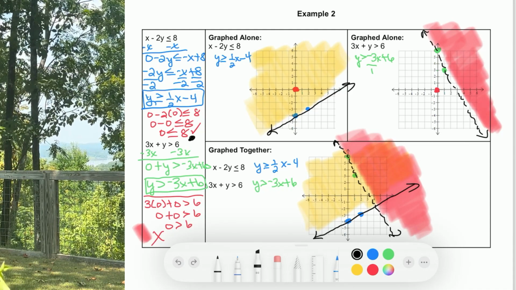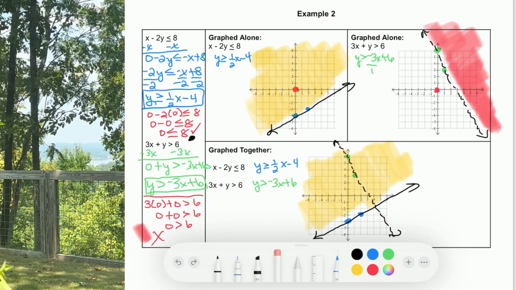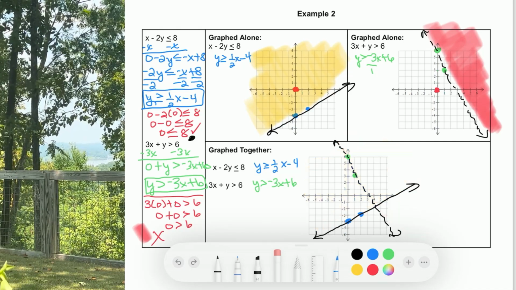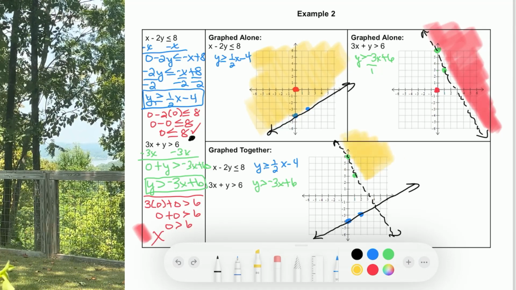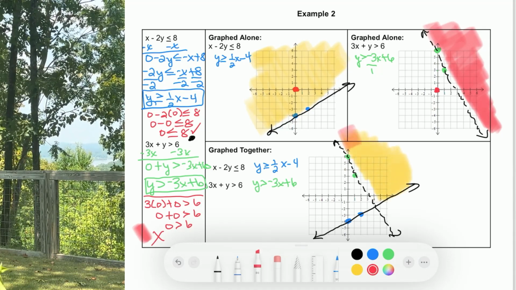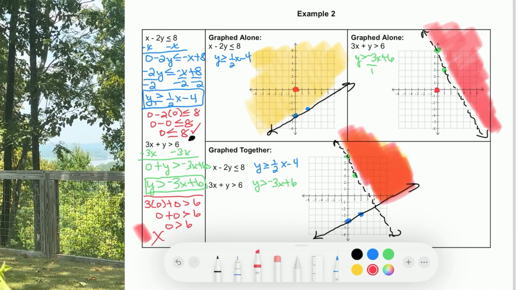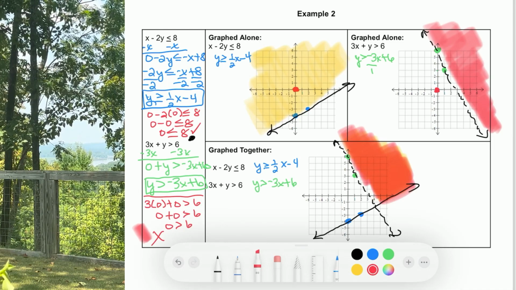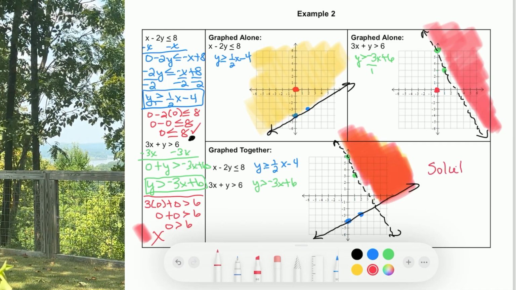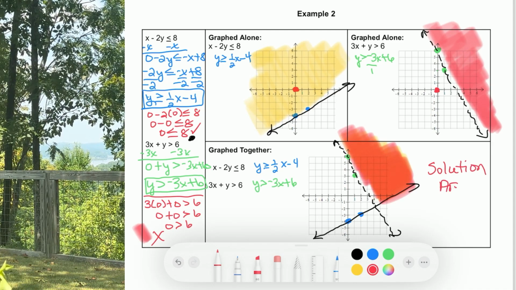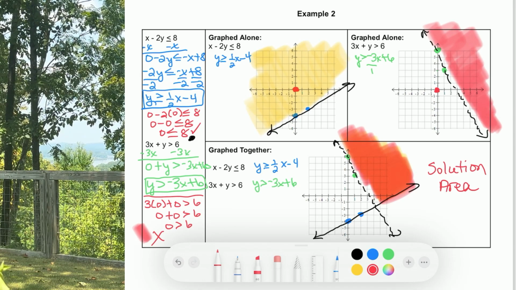So let's just hit undo. And then I'm going to put some yellow right here. And then I'm going to put some red over it. This is our answer location. That is the only place that you'll put shading on the computer. That is your solution area, because that's the only area that they both have shading.